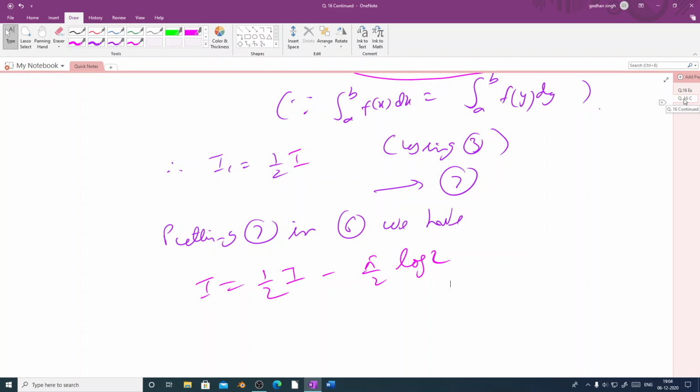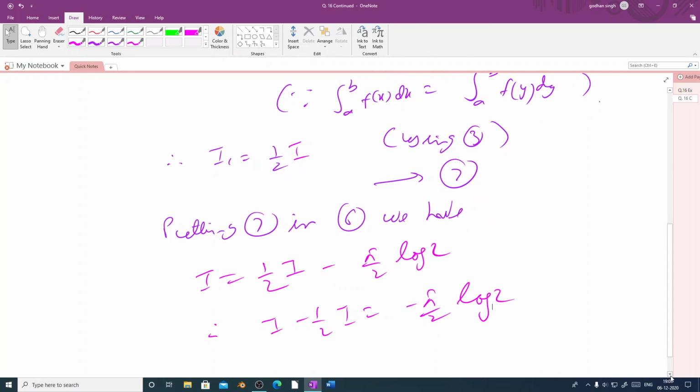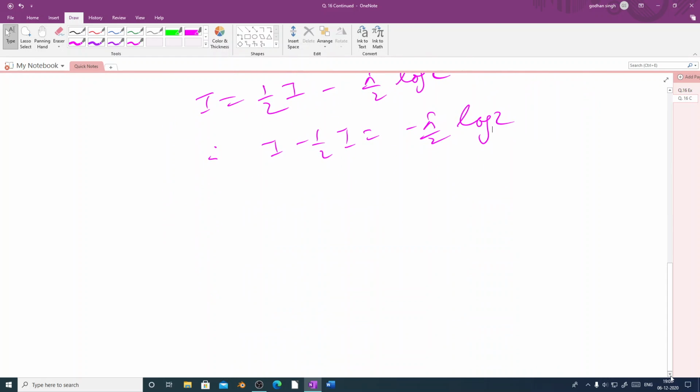Yes, it's correct. So now let us simplify this further. So we'll be getting, therefore, I minus half I equal to minus pi by 2 log 2, and this will give us half I equal to minus pi by 2 log 2.